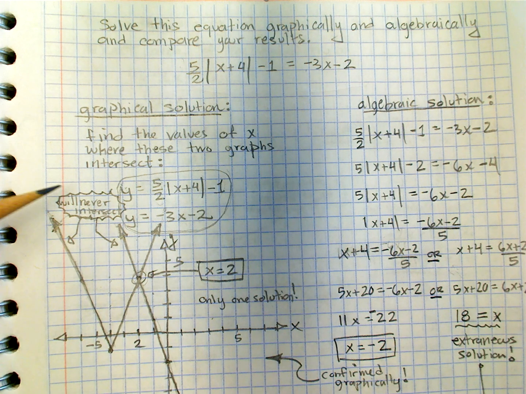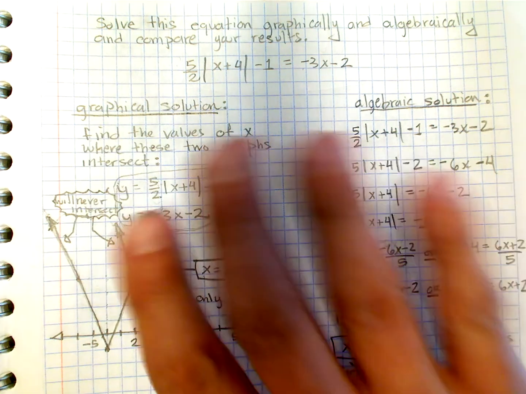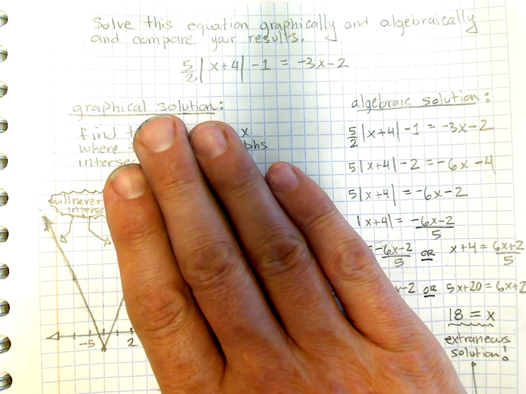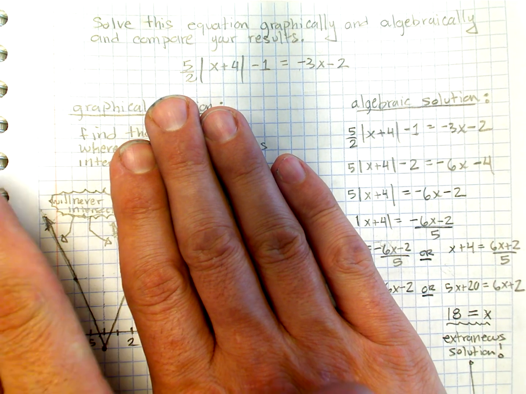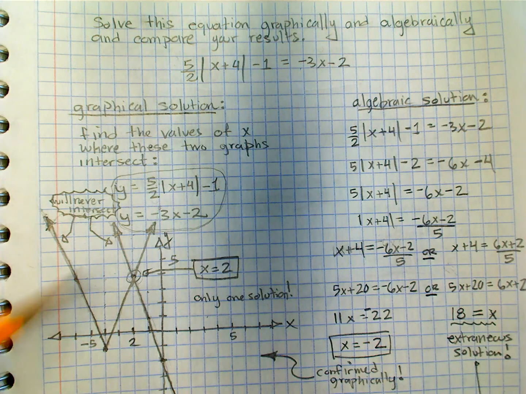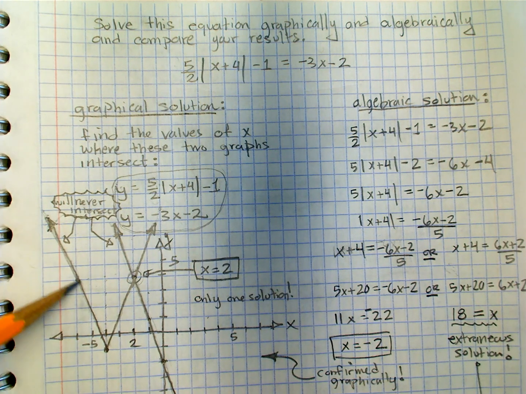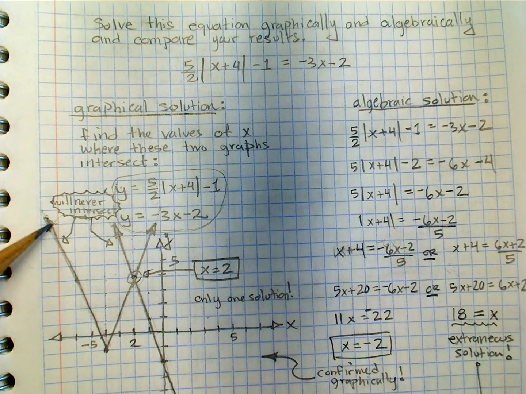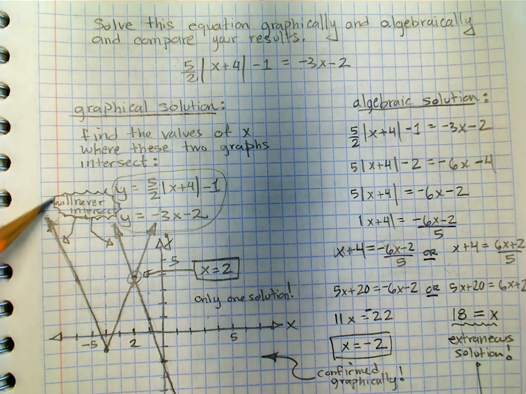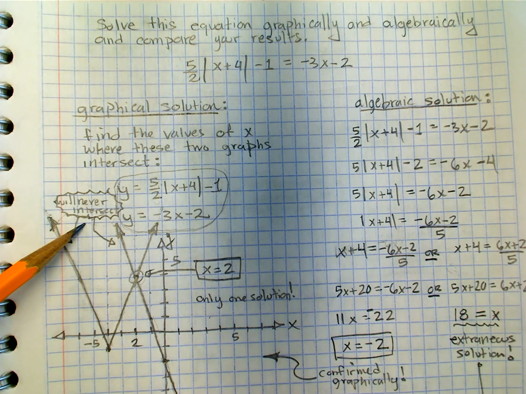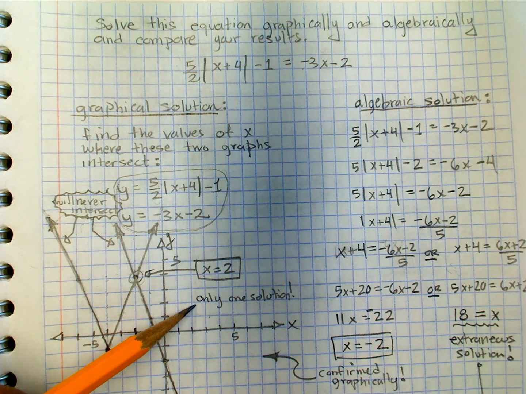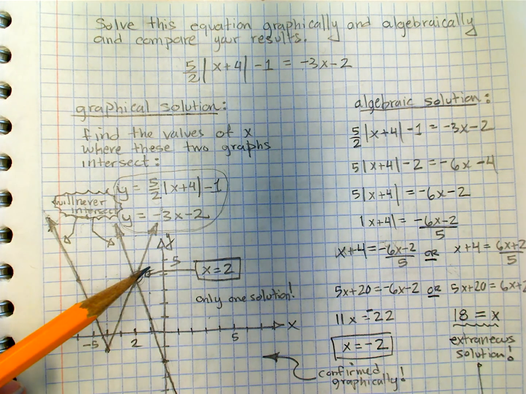So let me do kind of an exaggerated idea here. This line, imagine it's got a steeper slope than this one. So these two lines are actually diverging. This line and this section of the absolute value line are moving farther and farther away from each other. So I made a little note here. They're never going to intersect. So I know there's only one solution according to my graph.